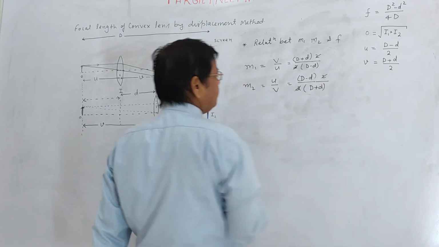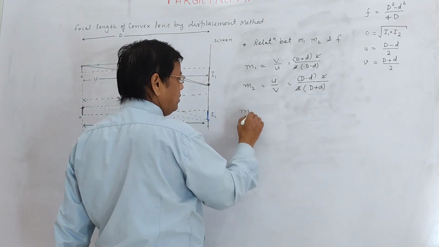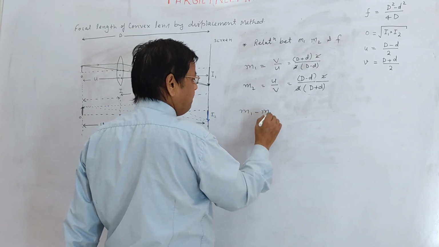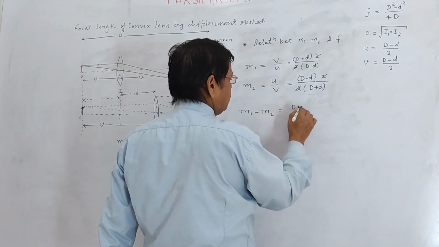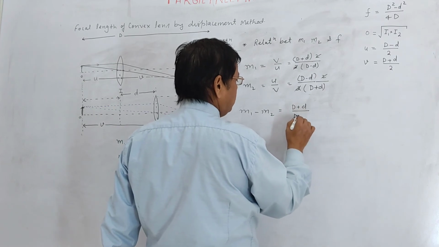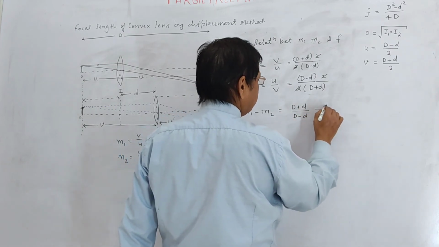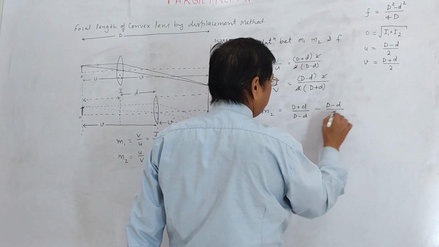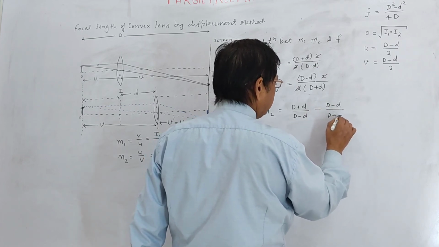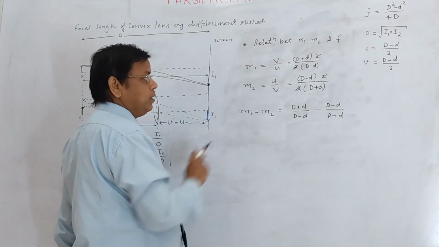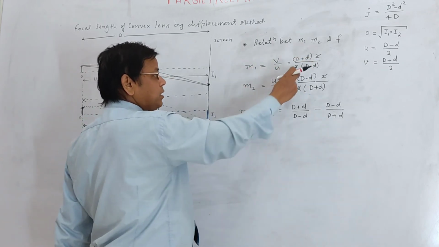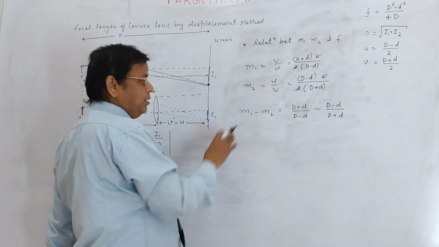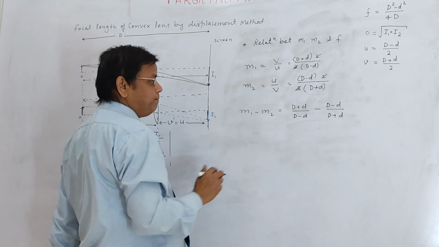This is cancelled. Now if I subtract M2 from M1, then it is D plus d upon D minus d minus D minus d upon D plus d. This we have to write. From here M1 is D plus d upon D minus d, M2 is D minus d upon D plus d. I am subtracting M2 from M1.